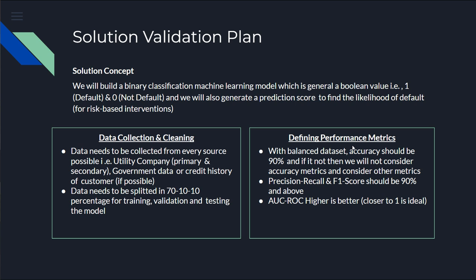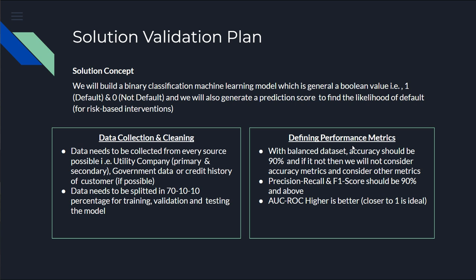The secondary can be for the same customer if they are using services from a different utility company. Let's say with one company a customer is taking a gas service, and from another company the customer is taking a water service. If we have data from these two different domains, that will be really helpful.